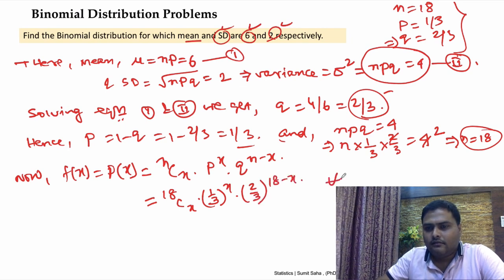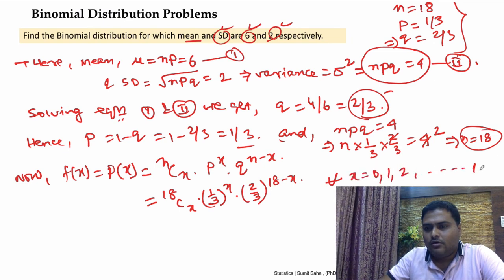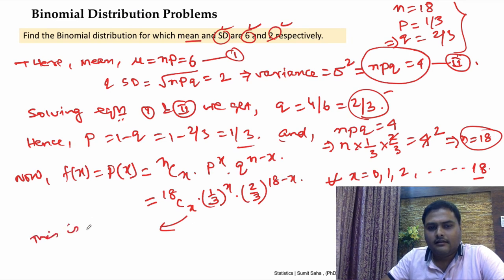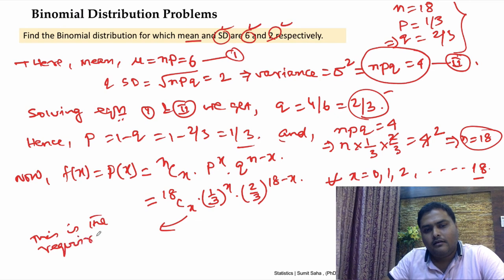This is for all x equals 0, 1, 2, up to 18. Clear? Hope you have understood. And this is the required binomial distribution expression.